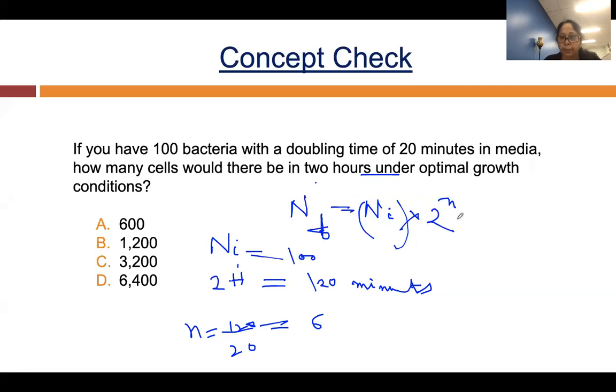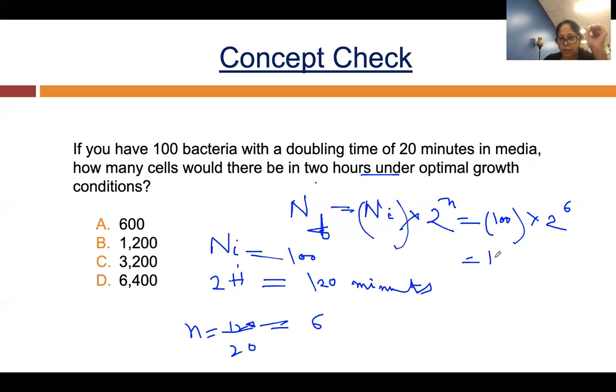Now if we do the math, we started with 100 bacteria, multiplied with 2 to the power n, and we found out n equals 6. So 2 to 4, 8, 16, 32, 64. 2 to the power 6 is 64.